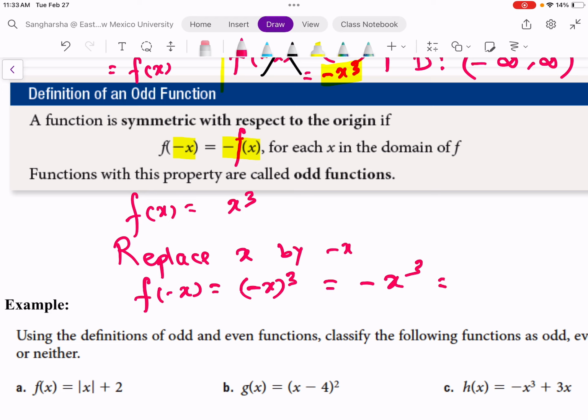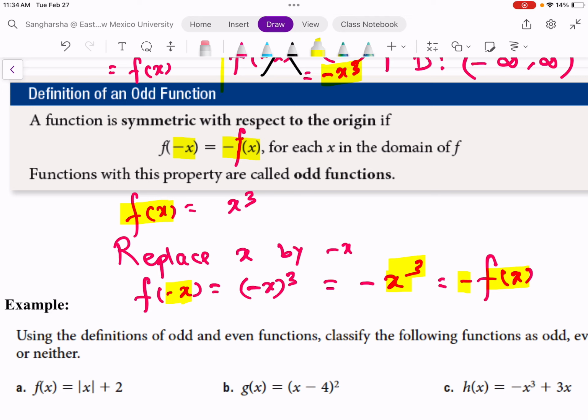So we have the negative as it is. And what is this x cubed equal to? x cubed is f of x, right? So we have negative of f of x. So when you replace x by negative x, if you get the negative of the original function, then your function is an odd function. And an odd function is symmetric with respect to the origin.